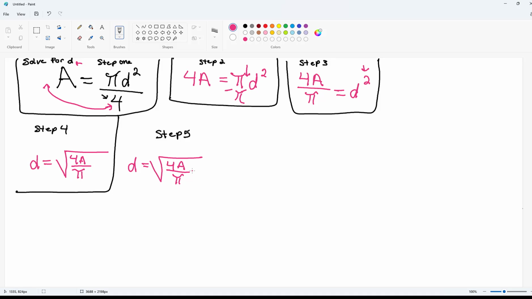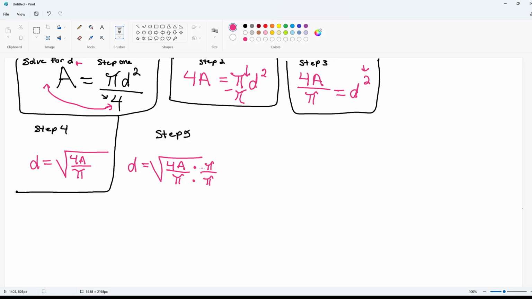And to rationalize this, we're going to multiply both the numerator and the denominator by the denominator. So the denominator, which is the bottom of the fraction, is pi. So we're going to multiply 4a over pi times pi over pi.